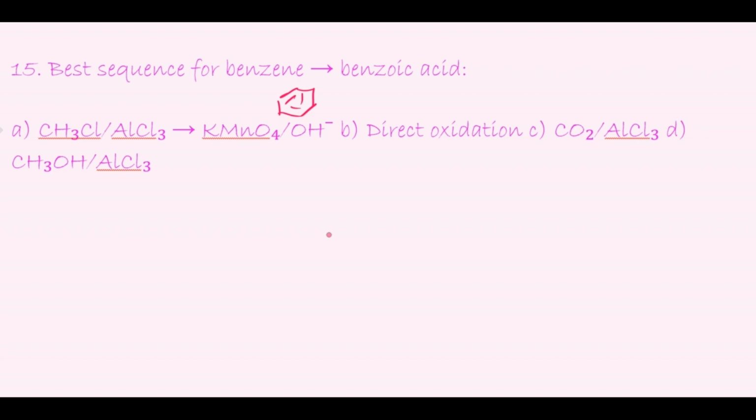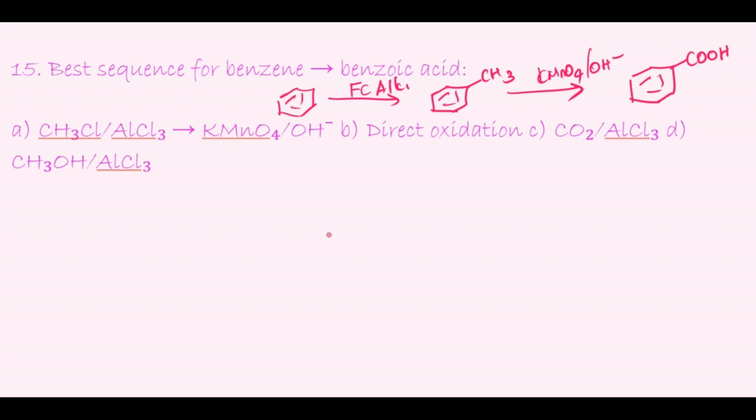Direct oxidation with CO2 and AlCl3 will not take place. So you can go with Friedel-Crafts alkylation, which will give you CH3, and upon oxidation using KMnO4 in basic condition, this will give you benzoic acid. So the answer to this question is option A.